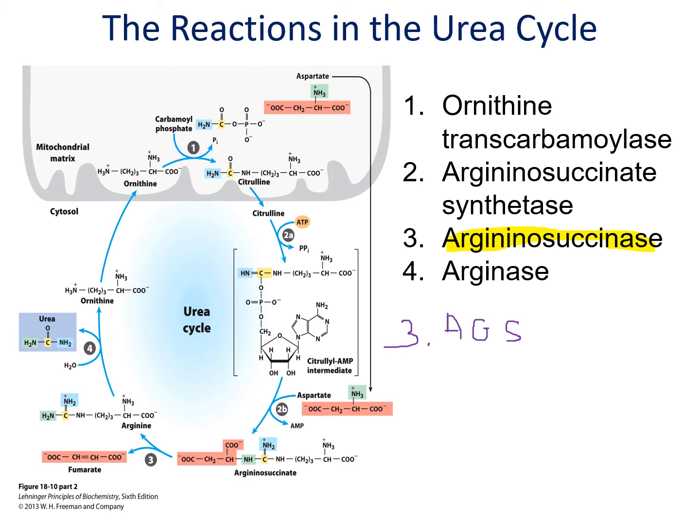And you know the structure of an arginine. So in the end, what's going to stay in the cycle is going to be an arginine, again catalyzed by enzyme number 3, arginosuccinase. But what's going to come out is our fumarate. So we see this very large arginosuccinate, and we say what stays in the cycle is the arginine, but what leaves the cycle is a fumarate.